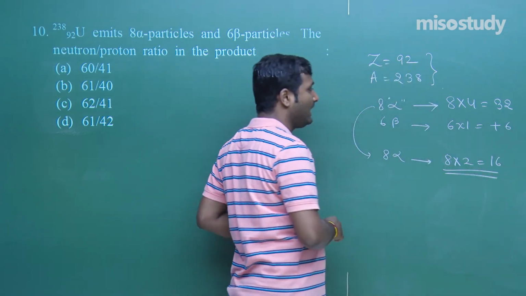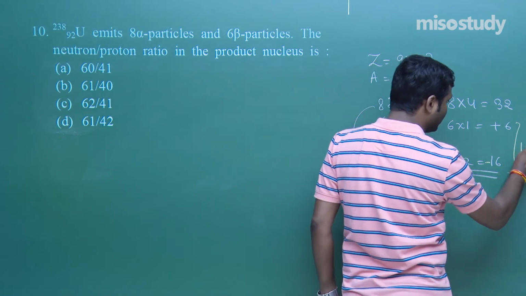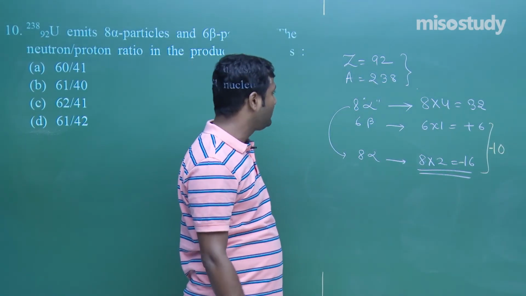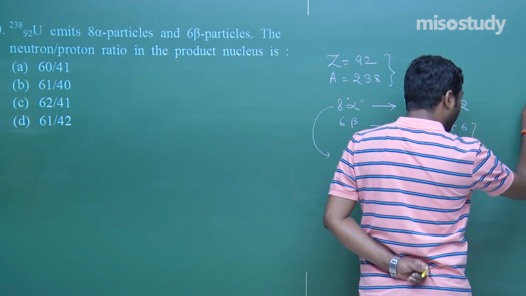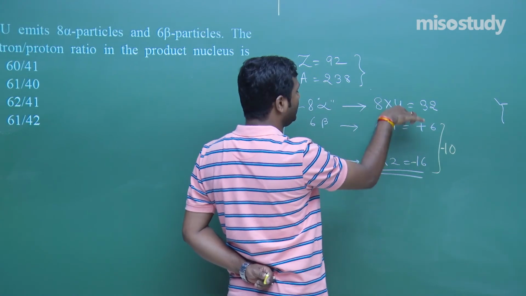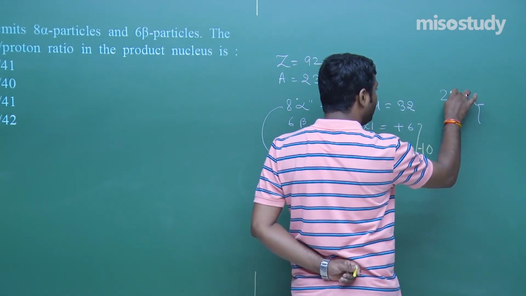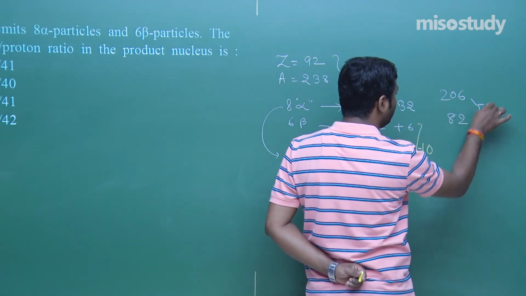Overall change in atomic number is minus 16 plus 6, that is minus 10. So the daughter element Y has mass number 238 minus 32, that is equal to 206, and atomic number 92 minus 10, that is 82.